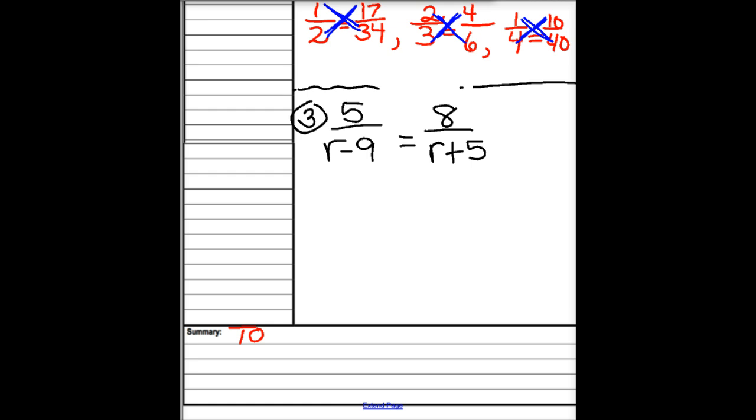To solve a proportion, I set cross products. And a product is multiplication, so you might even want to say cross multiply, but I set cross products equal.